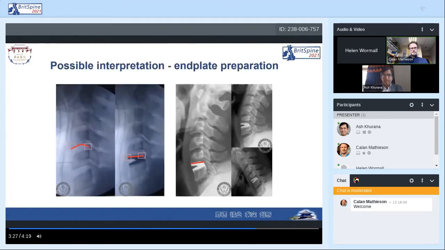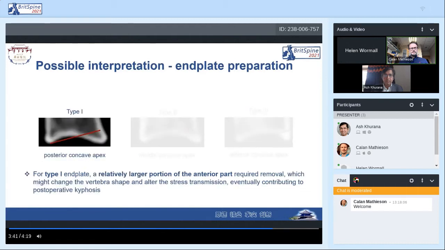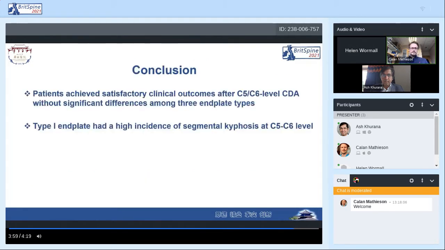By this operation, interfacial gap would be largely eliminated. For type 2 and type 3 endplates, only a small portion of anterior part should be removed. But for type 1 endplate, a relatively larger portion of the anterior part requires removal, which might change the vertebral shape and alter the stress transmission, eventually contributing to the postoperative kyphosis.